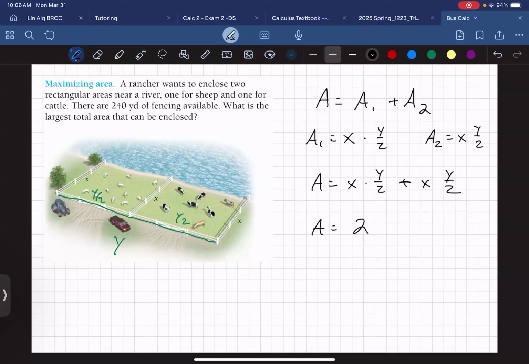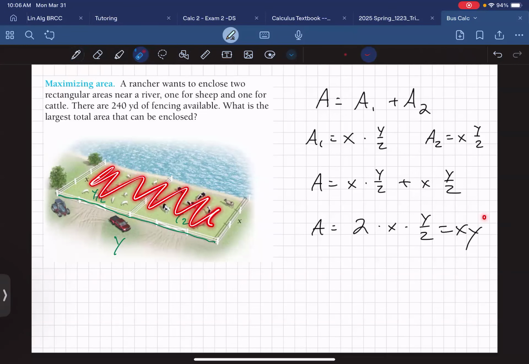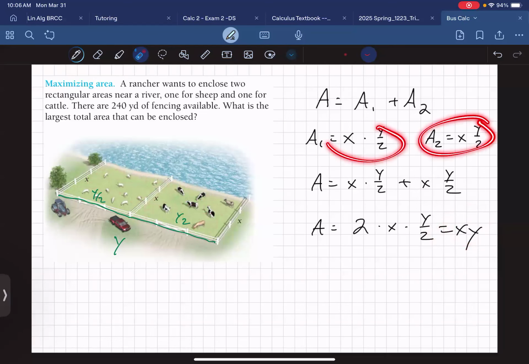So you could just write 2 times x times y over 2. Well, guess what? That's just x times y. If we're assuming that the 2 areas are the same, we're just looking for the entire area at one time, which is what's nice about it. But you can see that's on the assumption that we want both of them to be exactly the same size.